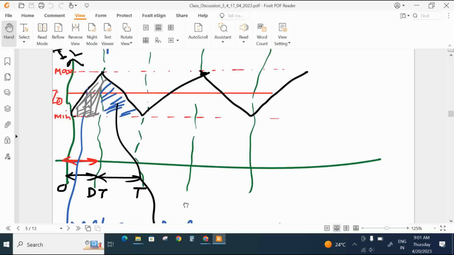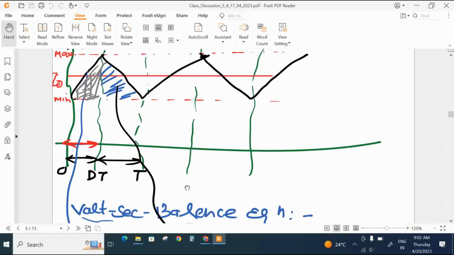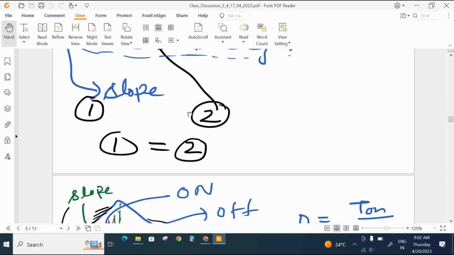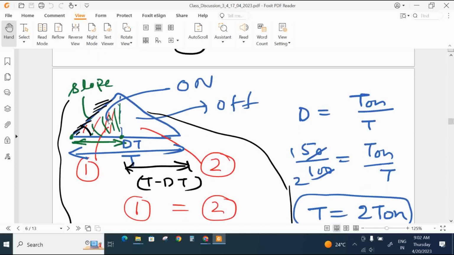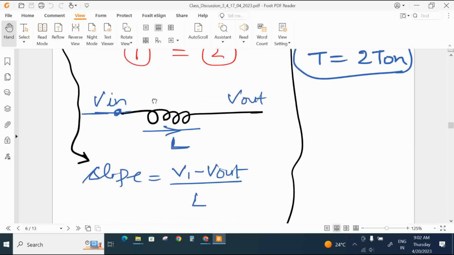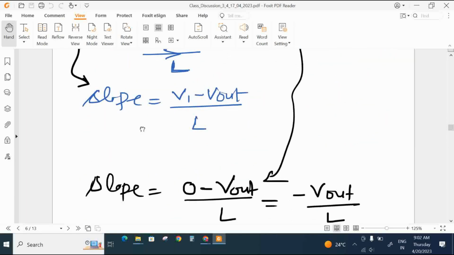Basically, energy can only be interchanged from one form to another, it can't be destroyed. That's why this energy has to be the same. Then how can you calculate it? You multiply the slope by the time.